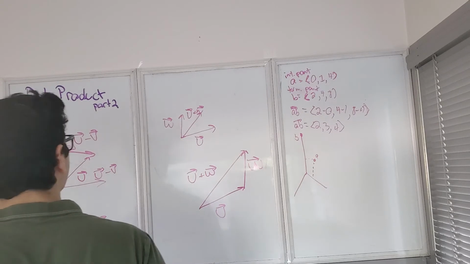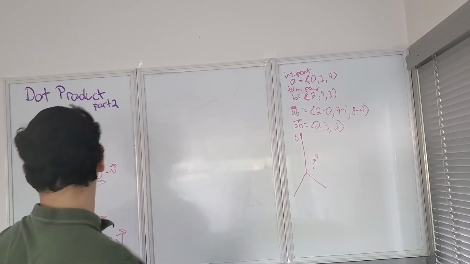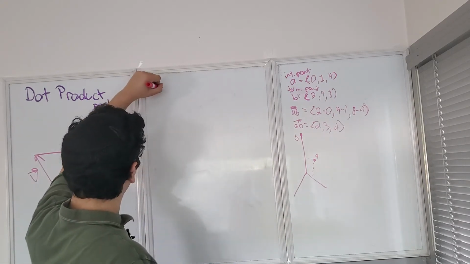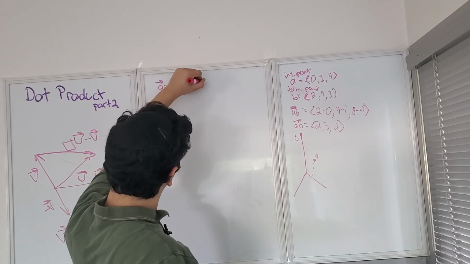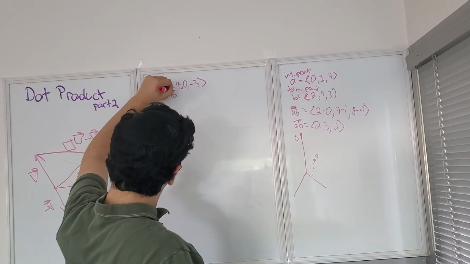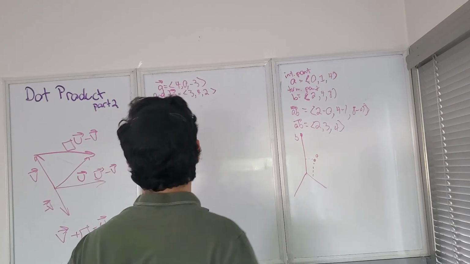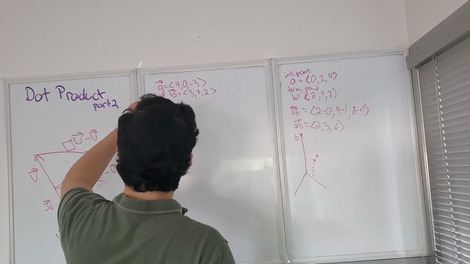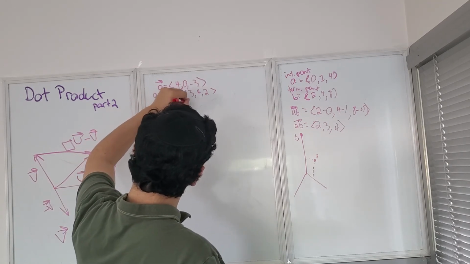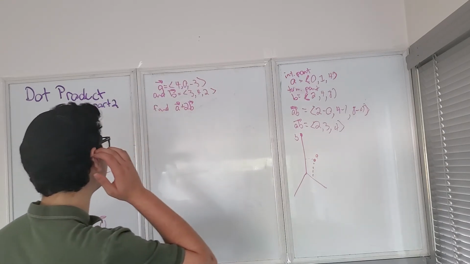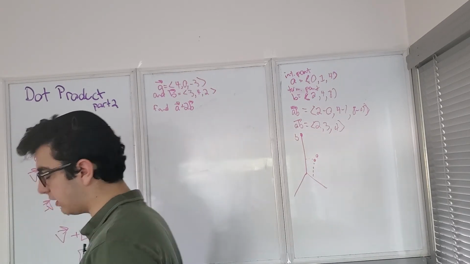Okay, and now there's one more thing I want to do in this video. If I say that vector A equals 4, 0, negative 3, and vector B equals 3, 4, 2, and I say find A plus 2B, I would first have to multiply B by 2 and then add up all of the corresponding components.